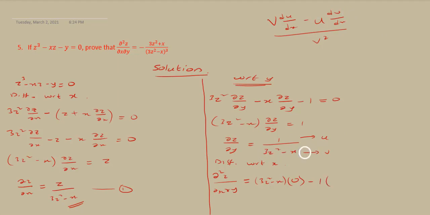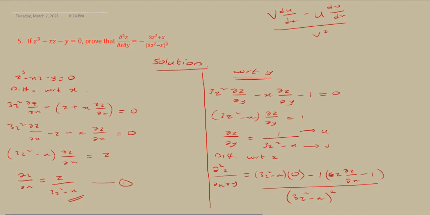Now differentiate what is at the denominator. Differentiating 3z squared, you have 6z, but you are differentiating z, so you have to write dz/ds, minus differentiate x, the answer is 1. Don't forget we are differentiating with respect to x, all over v squared. So this is 3z squared minus x, all squared.